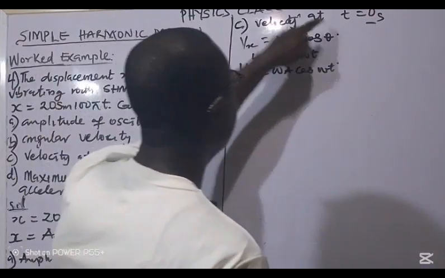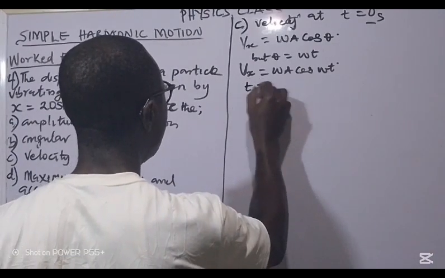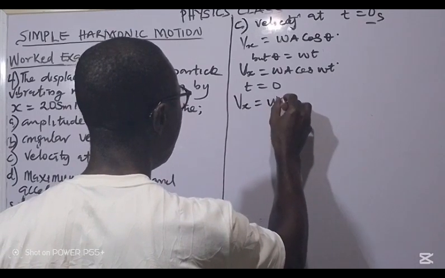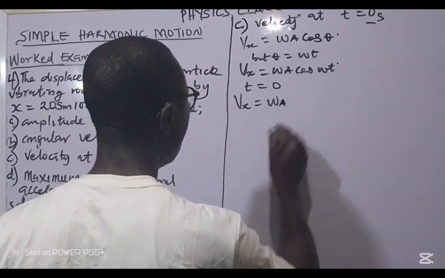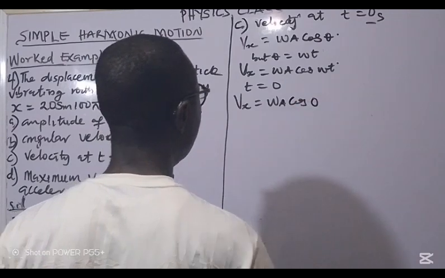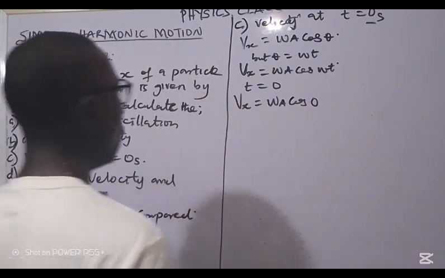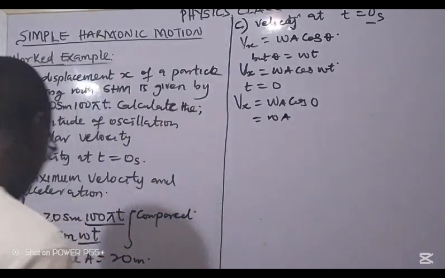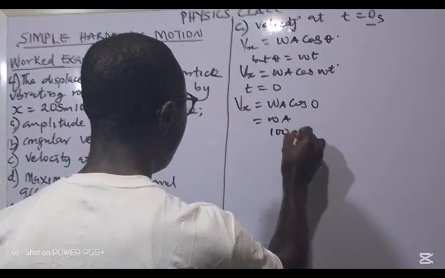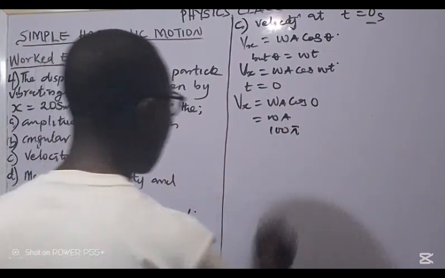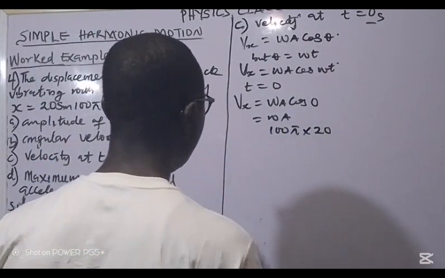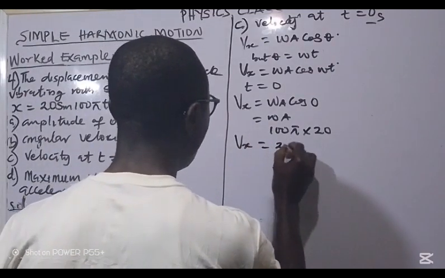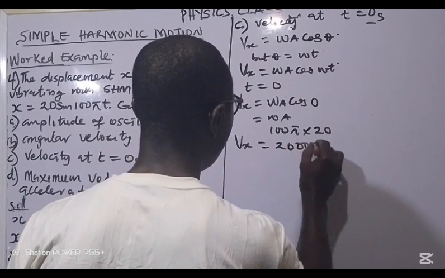So we are going to have Vs is equal to omega A cos 0, and cos 0 is 1. So we have omega A. Our omega here is 100 pi, and A has been calculated, multiplied by 20. So V at t equal to 0 is equal to 2000 pi meter per second.